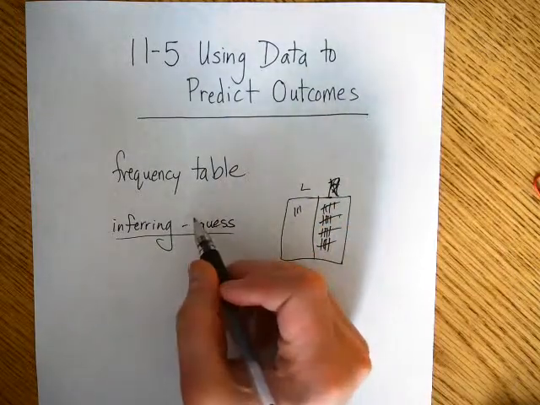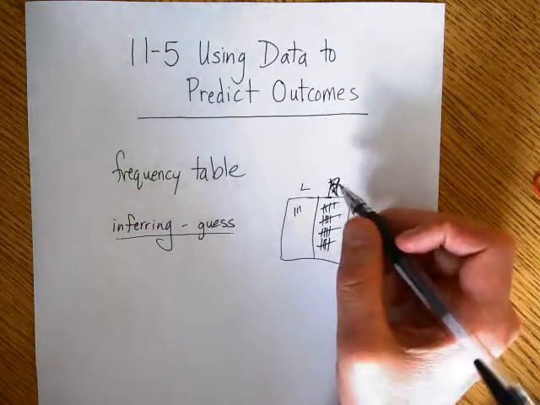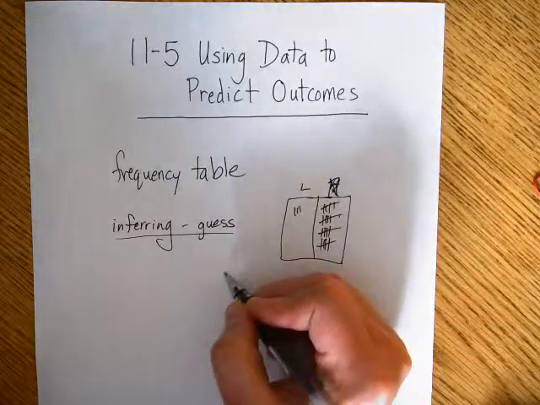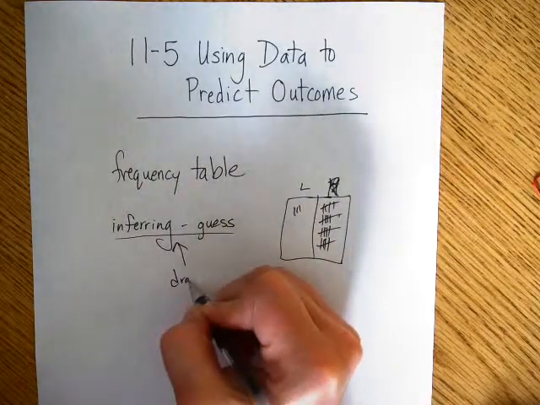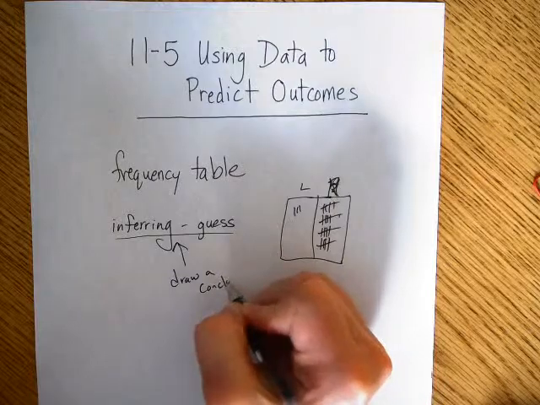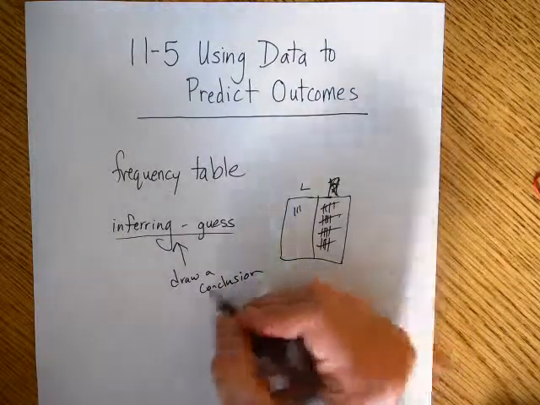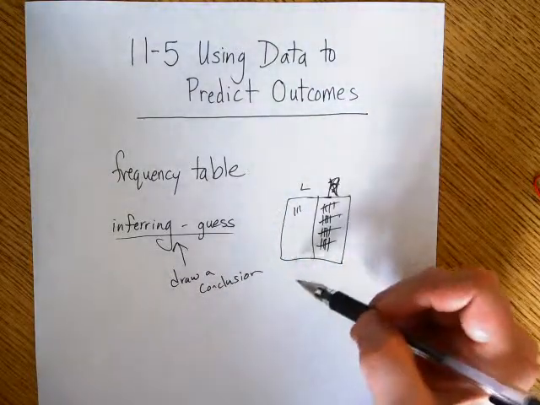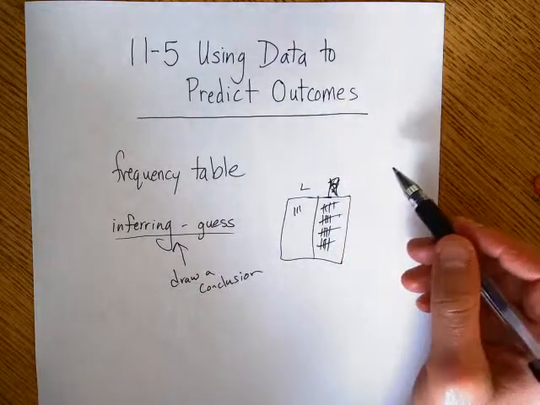They could infer that, or as we say in math, draw a conclusion, even though it may or may not be correct. They could draw a conclusion that most kids are right-handed.